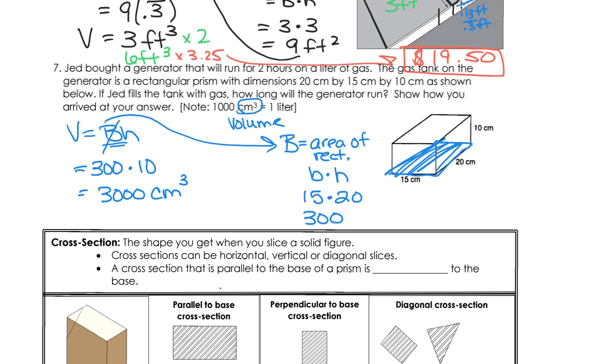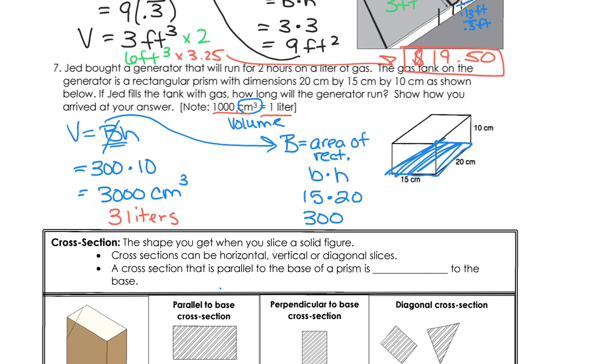Keep in mind that 1,000 centimeters cubed is equal to 1 liter. And this means that we will have 3 liters. 1,000 cubic centimeters is 1 liter, so 3,000 cubic centimeters would be 3 liters.